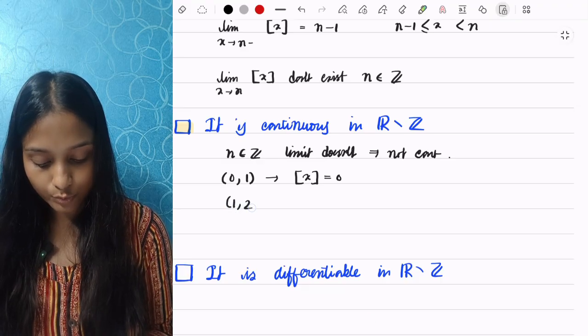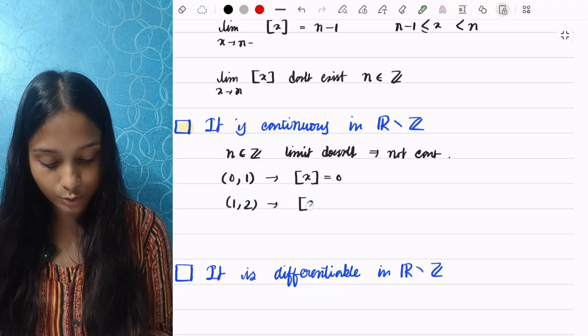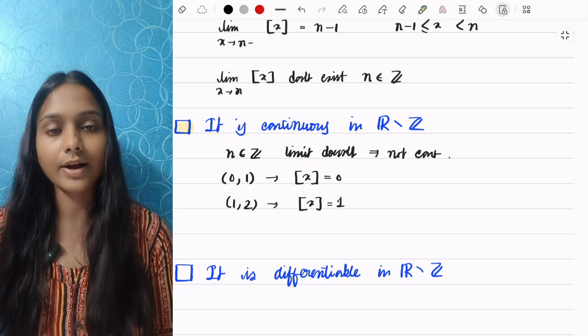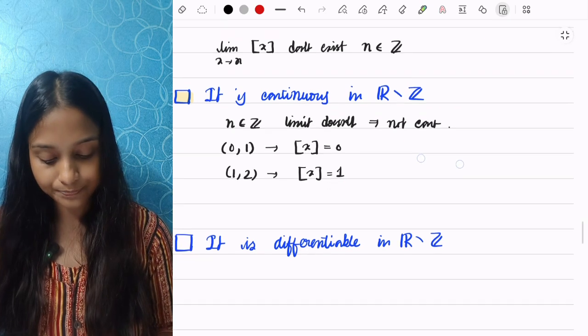Similarly for 1 to 2, floor x will have the value 1. So it will be again a constant function, that means a continuous function.